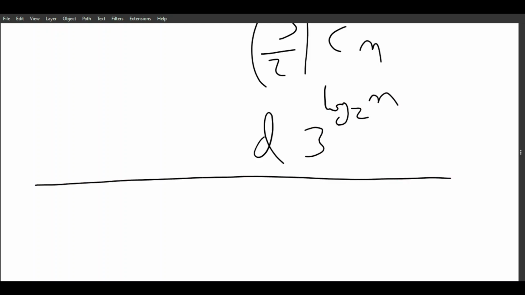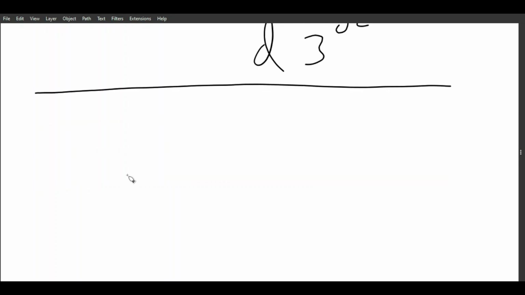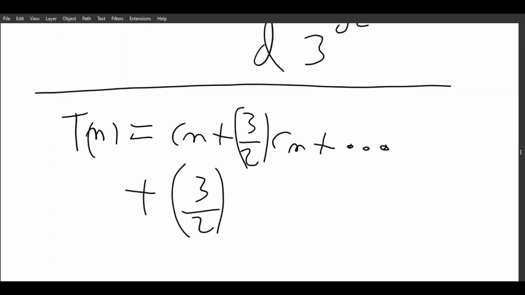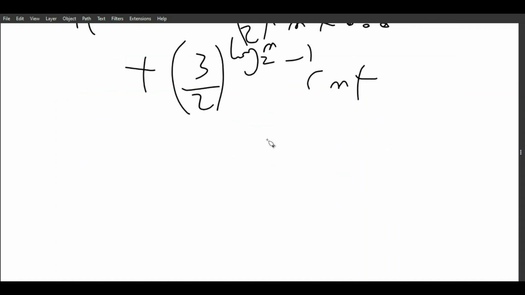Now add everything, we get a geometric series, add, we get a similar expression. So Tn we write Cn plus 3 by 2 Cn plus, up to 3 by 2 power log of n with base 2 minus 1 Cn. The last term is 3 power log of n with base 2 times D.